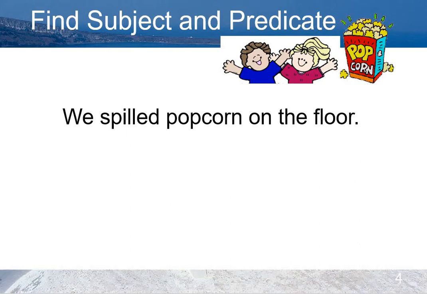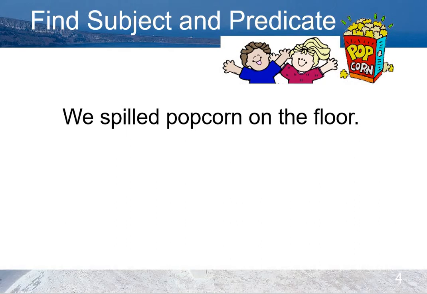Find subject and predicate. This is an example, you will solve it. We spilled popcorn on the floor. Spilled is verb. Raise the question who? We is subject. And popcorn is object.